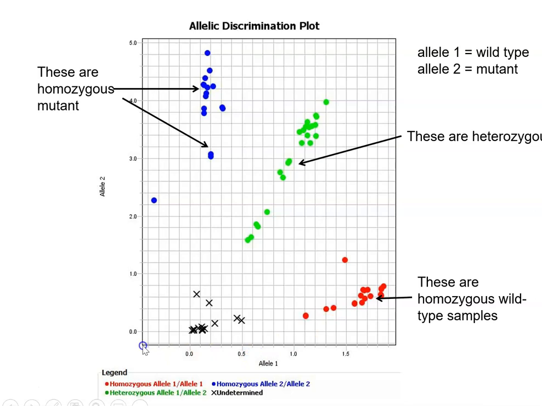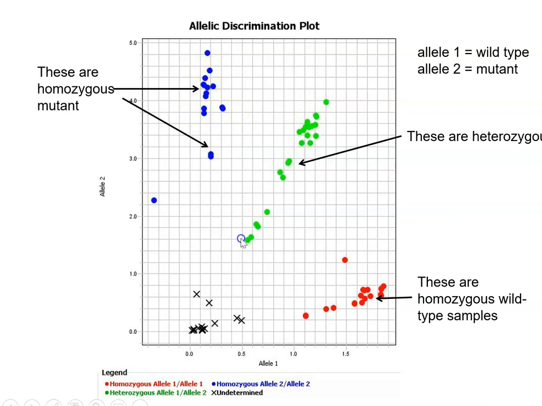This arbitrary scale here is saying this is strong amplification for allele 1 probe and weak amplification for allele 2 probe, so the samples are in this bottom right hand quadrant. Conversely, if the sample is homozygous mutant, which is picked up by the allele 2 probe, we have very strong amplification for allele 2, but very weak amplification for allele 1, so the samples are in this top left quadrant.